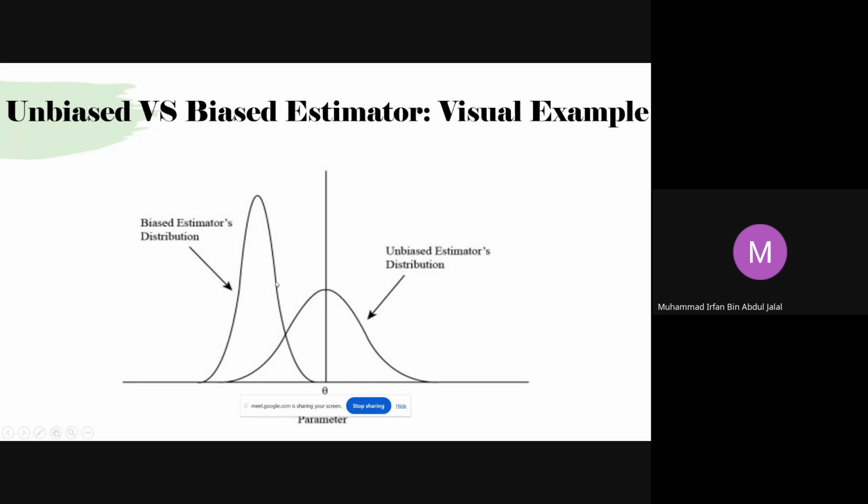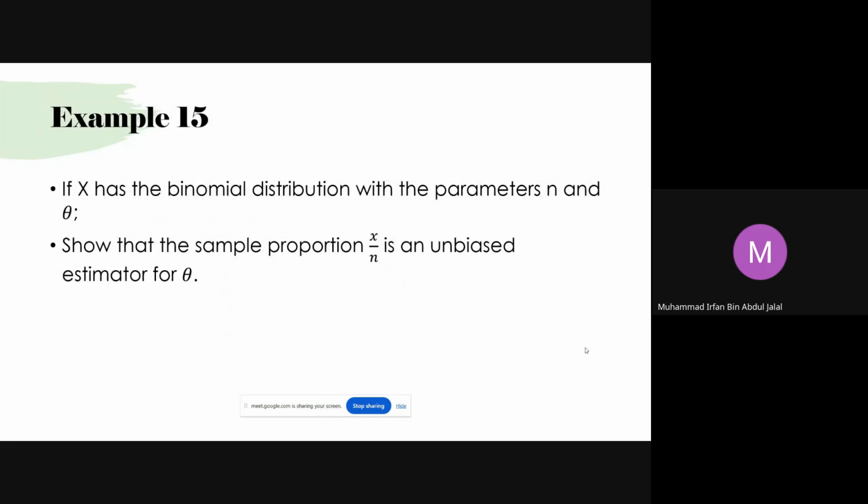As you can see here, the center of it is less than theta, and the distribution for the biased estimator, for example the sample median, will not be able to capture the population mean. So that's another visual example.